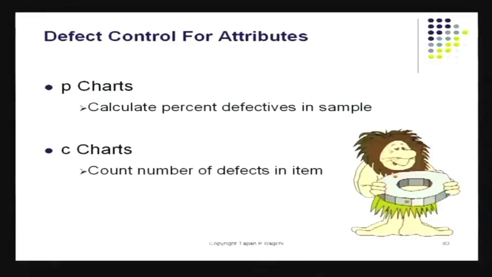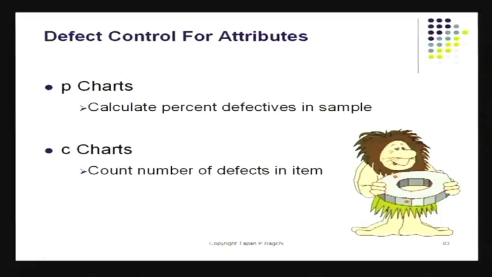One is the P chart. The P chart calculates percent defectives in a sample. So, if I collect a sample of, let's say, 100 items, how many defective items are there? I could start monitoring just that. I'll calculate the quantity P, which is the fraction defective in that sample, and then start producing a chart on that and find out if that variation is within the acceptable range or has it gone beyond that.